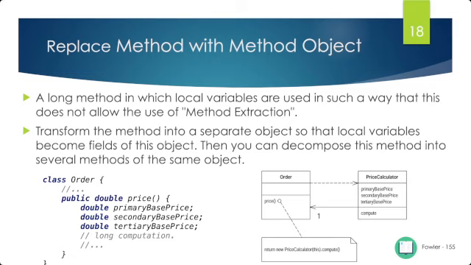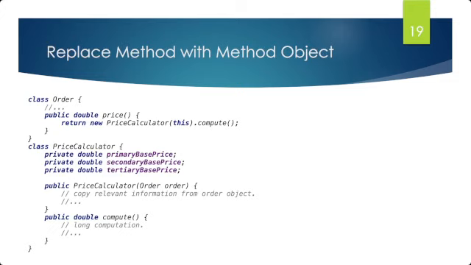These local variables will be fields of this class, like in my diagram, and I can just run the method compute, and inside this method I will run some little steps of my computation. I will not have any problems with the local variables, because all local variables are fields of this class, and I have access to them in every place of my code.